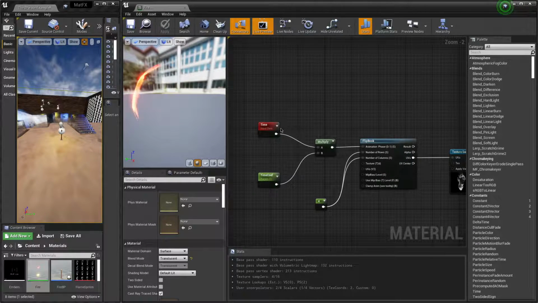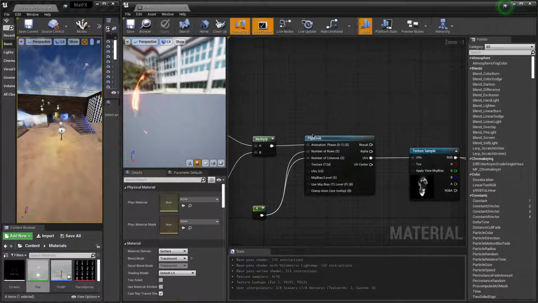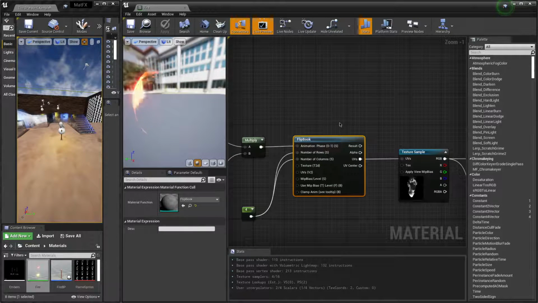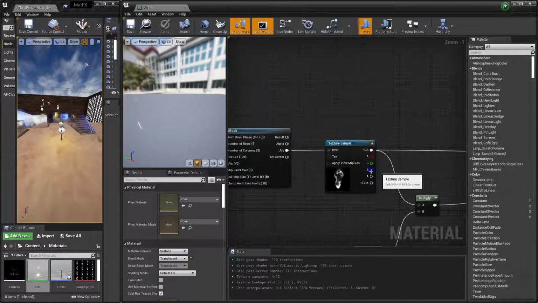So we multiply time and speed together to get the speed of time, essentially. And then we have this built-in function called flipbook, which essentially takes a sprite sheet and chops out squares on that sprite sheet to give you specific textures.